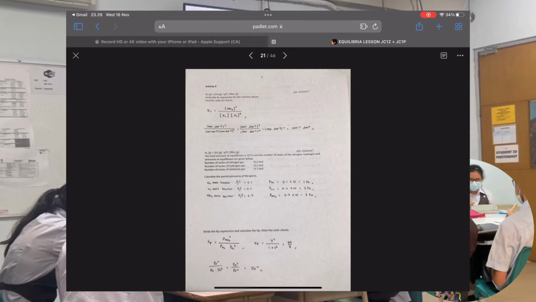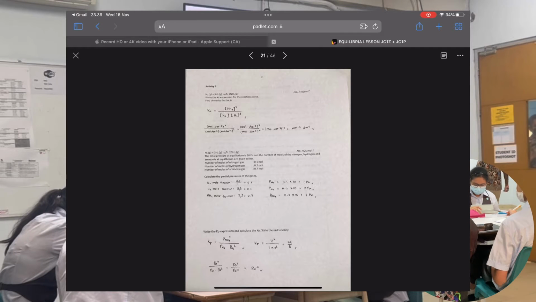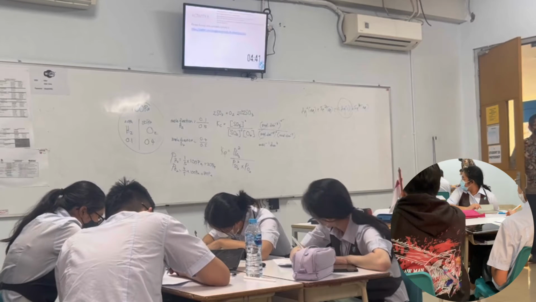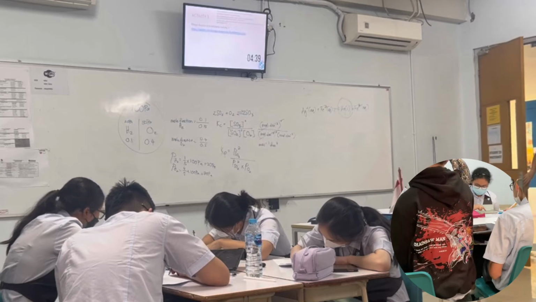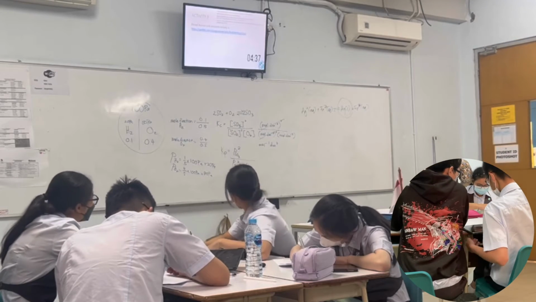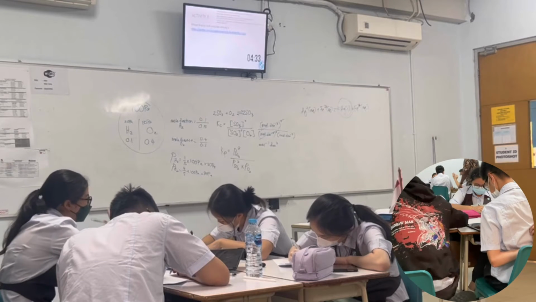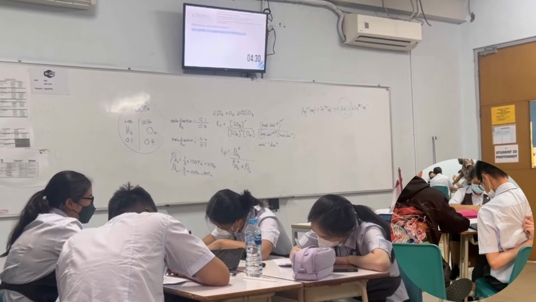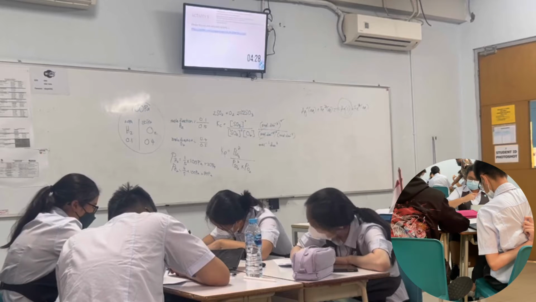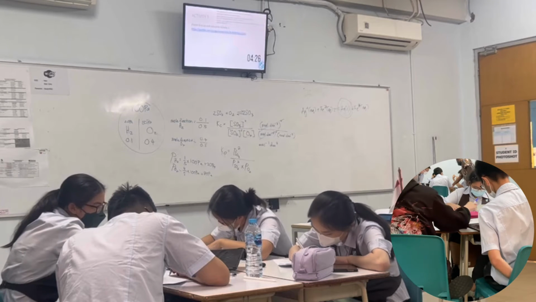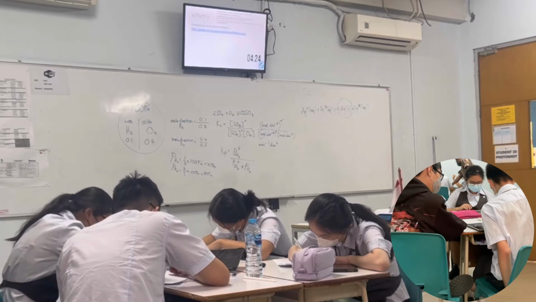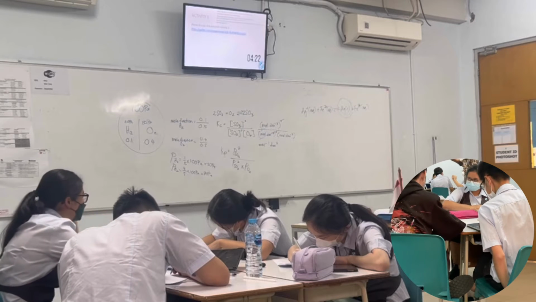Discuss. How do you write Kc? So you already calculated? So you need to discuss. First, they ask you for the Kc expression, so you calculated the unit straight away.